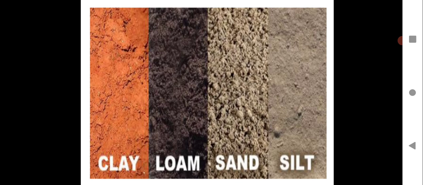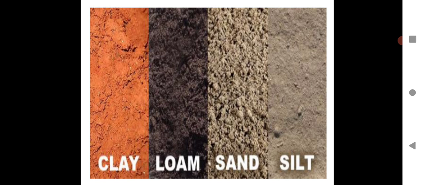Then you will see types of soil, as was mentioned. Let us see, depending upon the texture, the color and the particle size. Here you have clay soil, loam, then sand and silt. Here you can easily see, children, the color difference. You can also easily make out the size of the particles, granulated, bigger size particles or very fine particles.